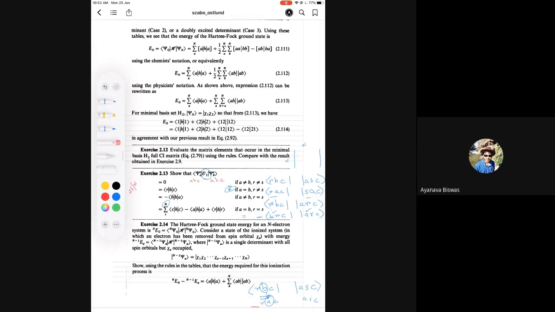How I get SAC is, what they tell me is A is equal to B and R is not equal to S. So I want to replace A with S, and then I put B equal to A.